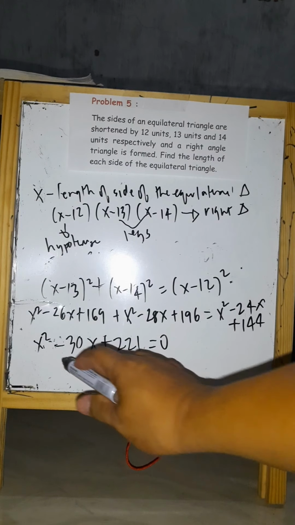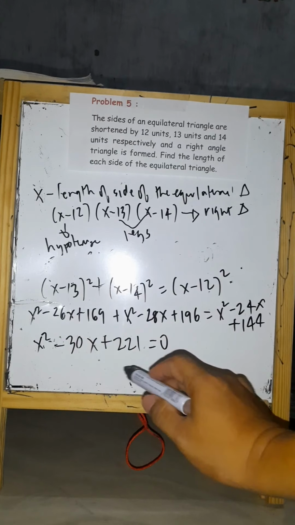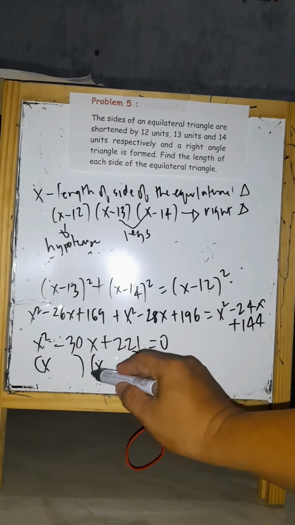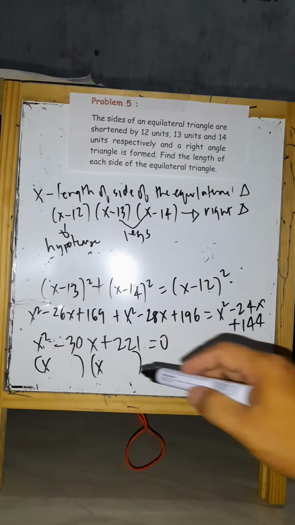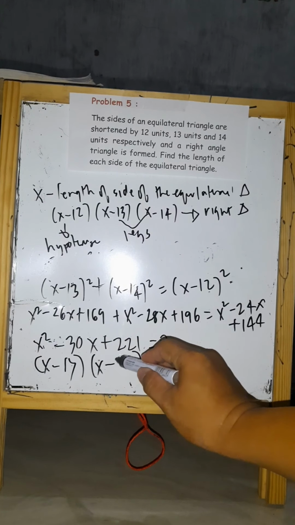So this equation is transformed into a quadratic equation, which we can now solve by factoring. What are the factors of 221 whose sum is negative 30? We have negative 17 and negative 13.